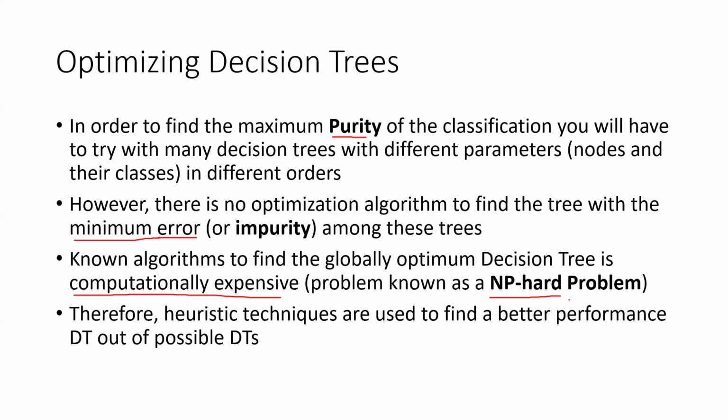Because of that, finding the optimum decision tree for a given set of variables is almost impossible unless the number of variables is very low, right?